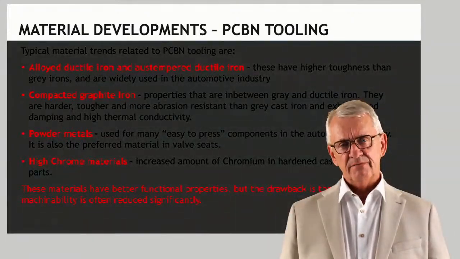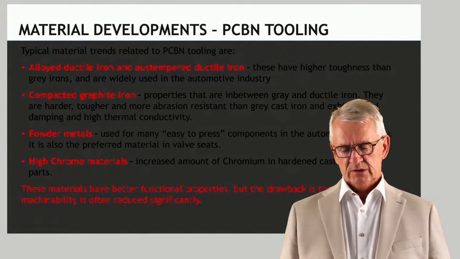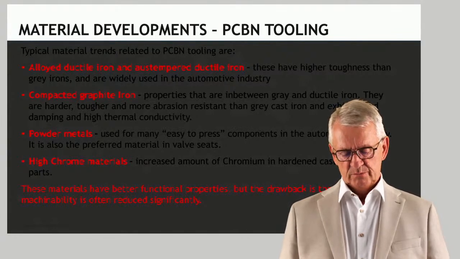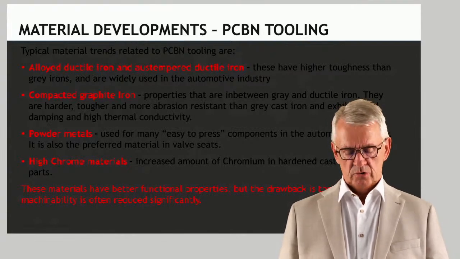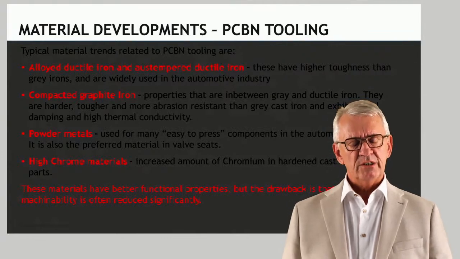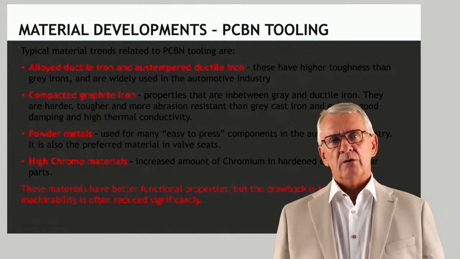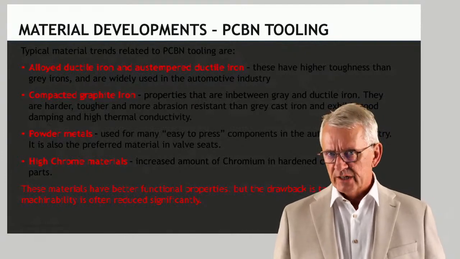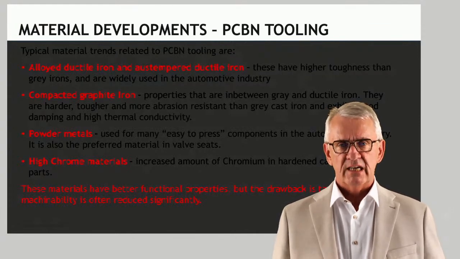On the other hand, there is developments in workpiece materials. More and more we see workpiece materials with properties which were years ago not possible, functional properties, then I mean. And we see better and better workpiece materials. But what most of those better workpiece materials have in common is that their machinability is lower than before.